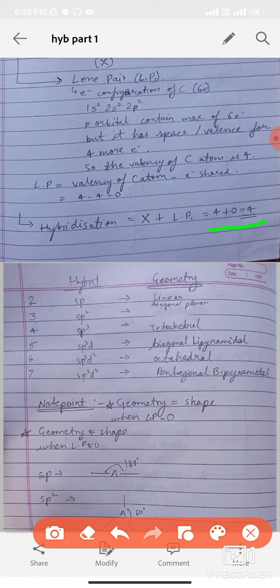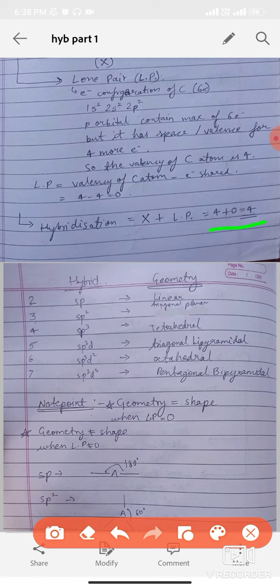So now what we have to do is see the hybridization. What is it? Like sp, sp2, sp3, sp3d, sp3d2 or sp3d3. First of all, we have to be aware of the fact that after sp3 there will be no hybridization like sp4, sp5, because the p orbital can contain a maximum of 3 electron pairs.